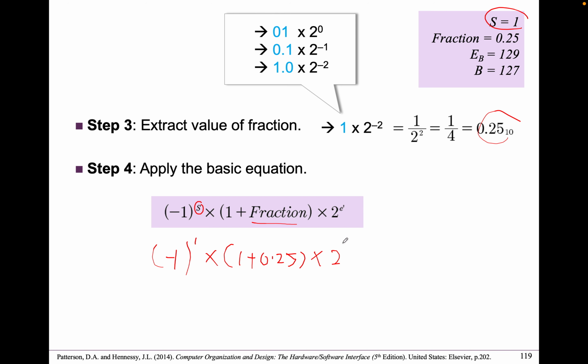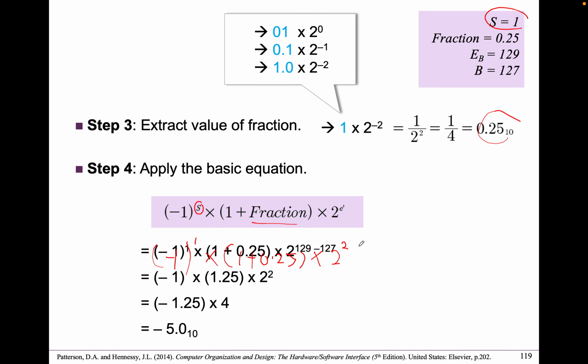Our E prime is 2, right? When you apply this, you get minus 1.25 times 2 times 2, which is times 4, because 2 to the power of 2 is 4.